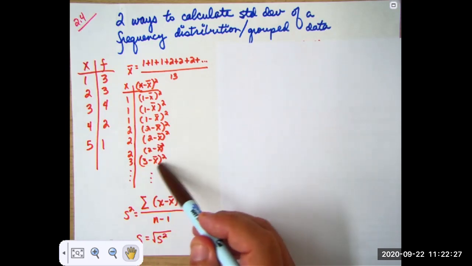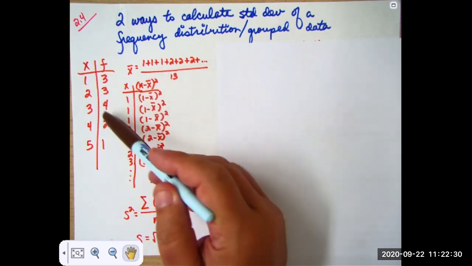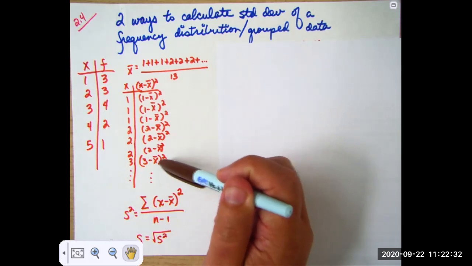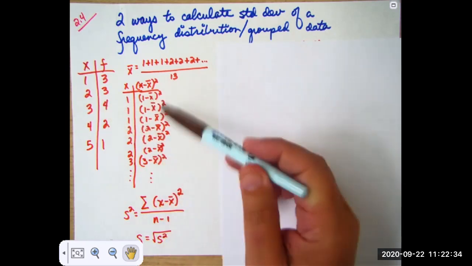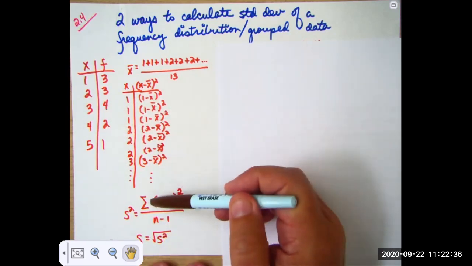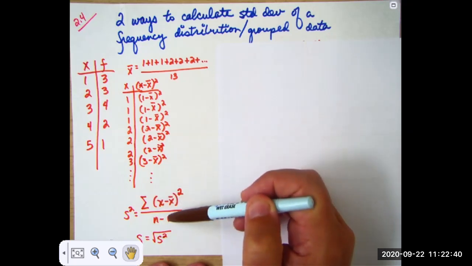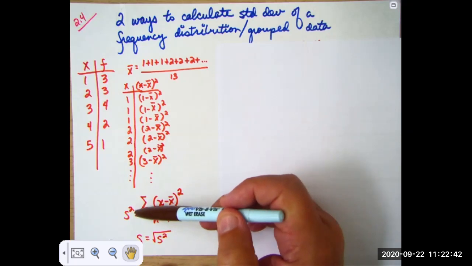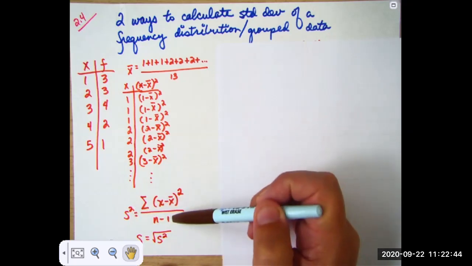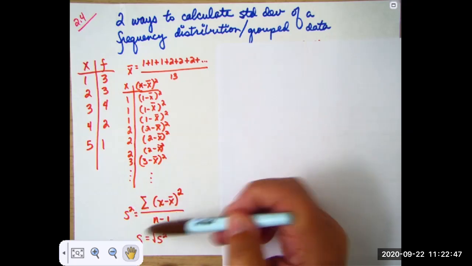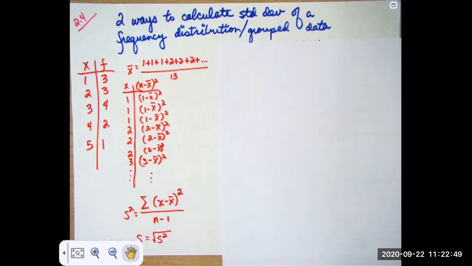I have to do 3 minus x bar quantity squared 4 times because I have 4 of those, etc. So I'd add all those up and I'd divide by n minus 1. That would give me my sample variance. Then I would take the square root of that number and I would get my sample standard dev.